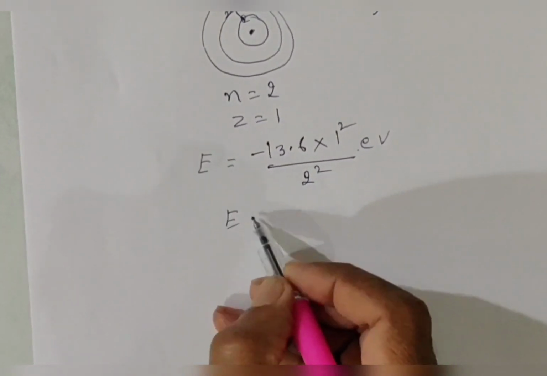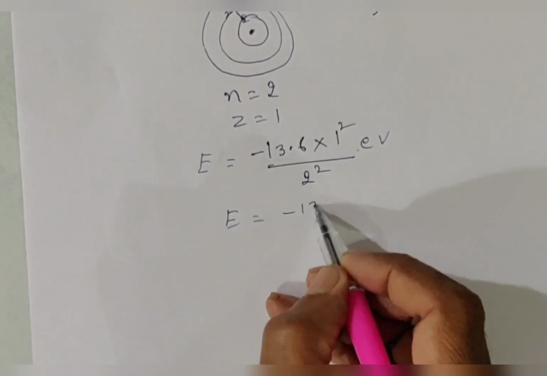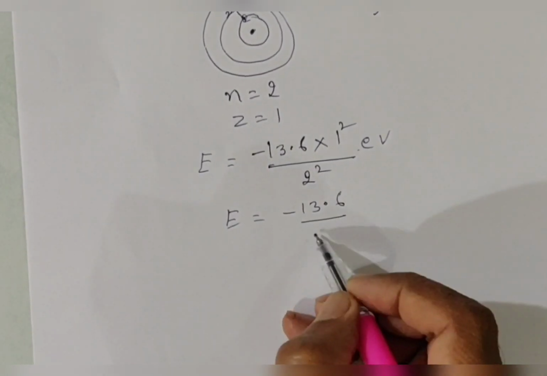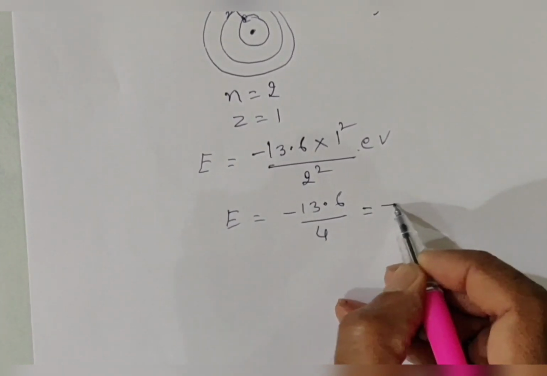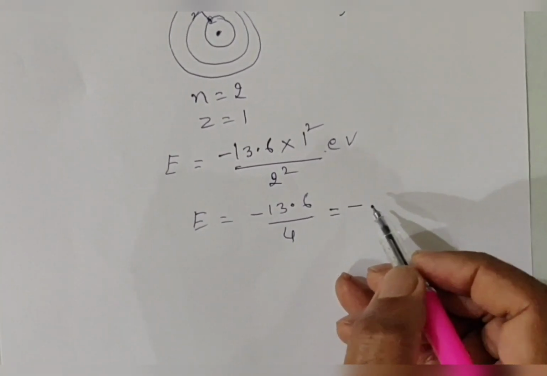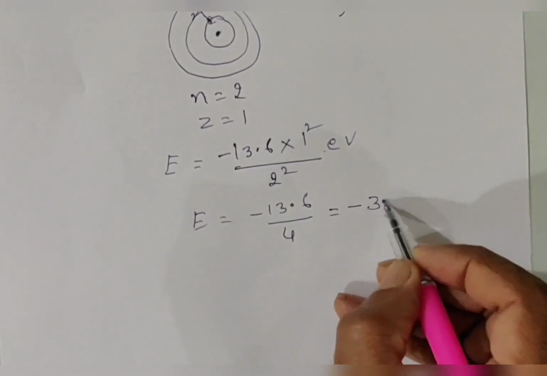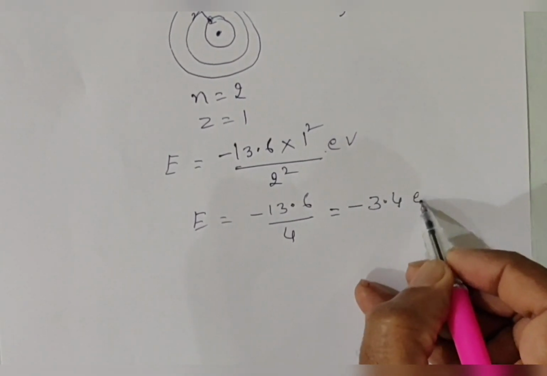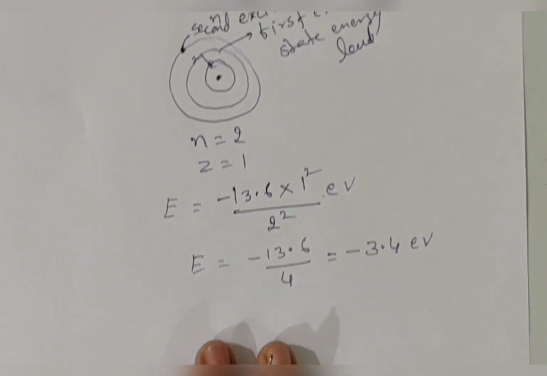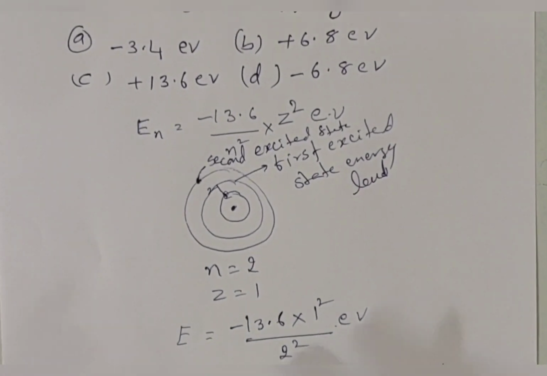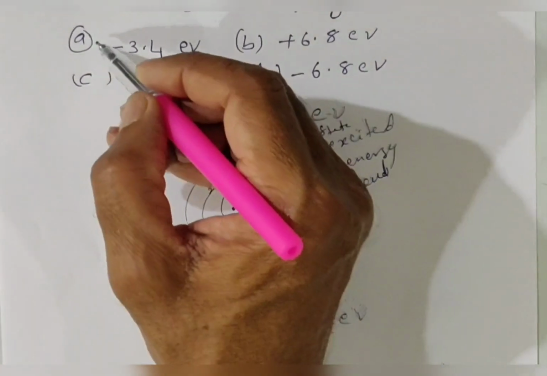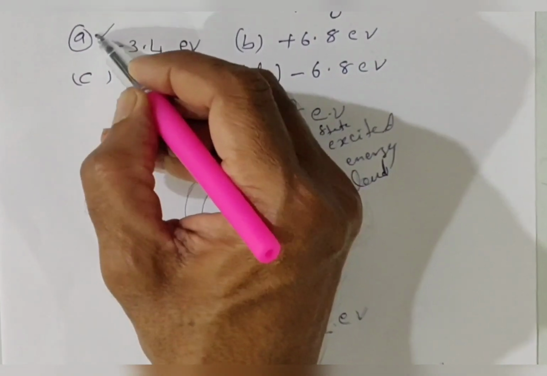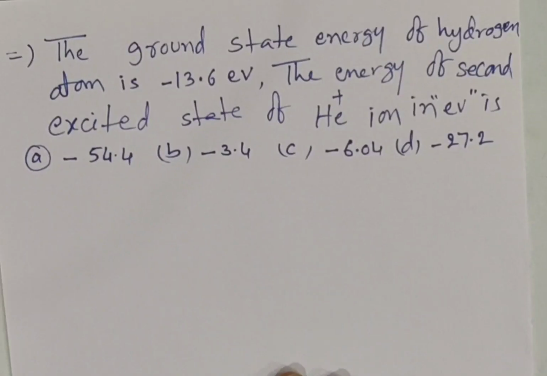Now E is equal to minus 13.6 by 4. On simplification we will get minus 3.4 electron volts. In the given options, minus 3.4 electron volts is the correct option. First option is correct.